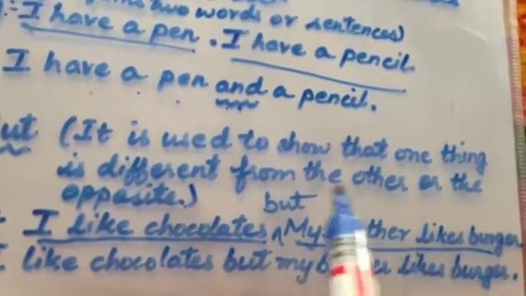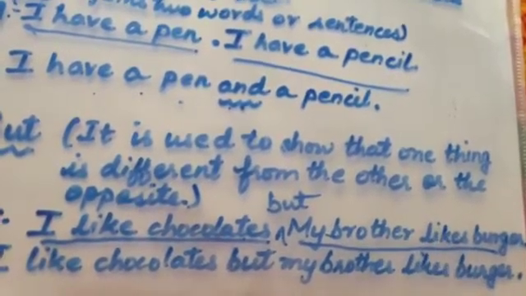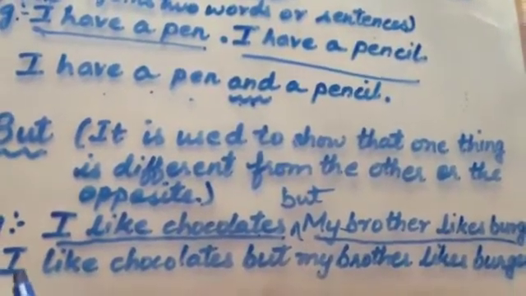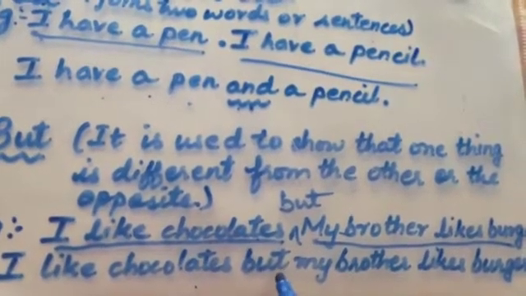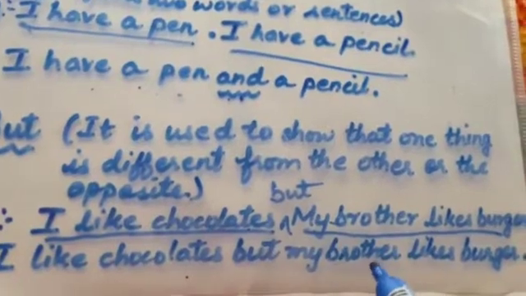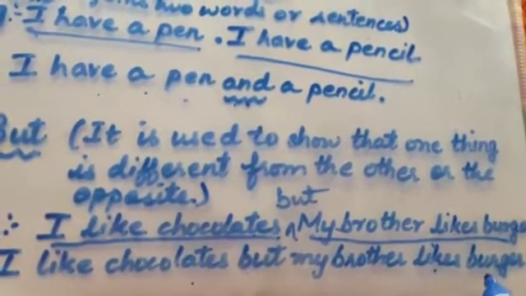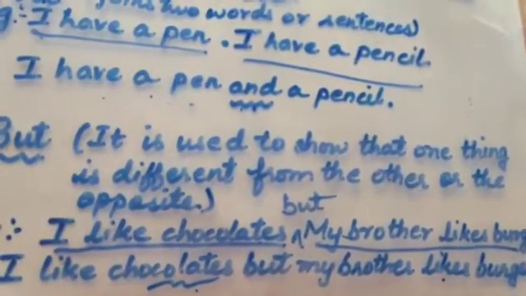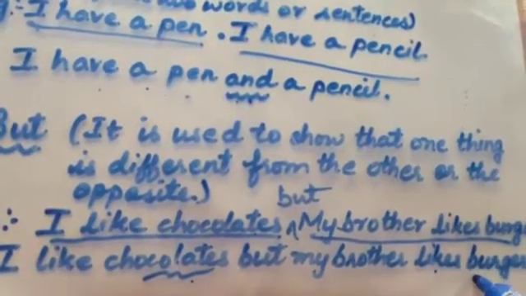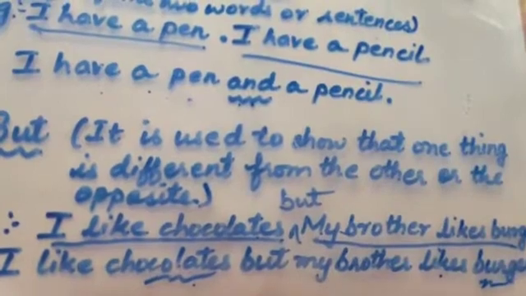They are not the same. So I write: I like chocolates, but my brother likes burger. I like chocolate, but my brother doesn't like chocolate; he likes burger.